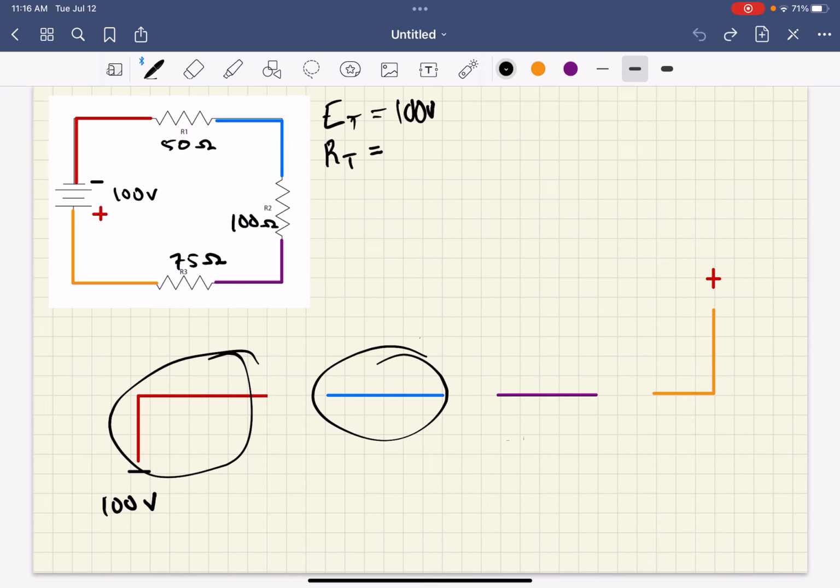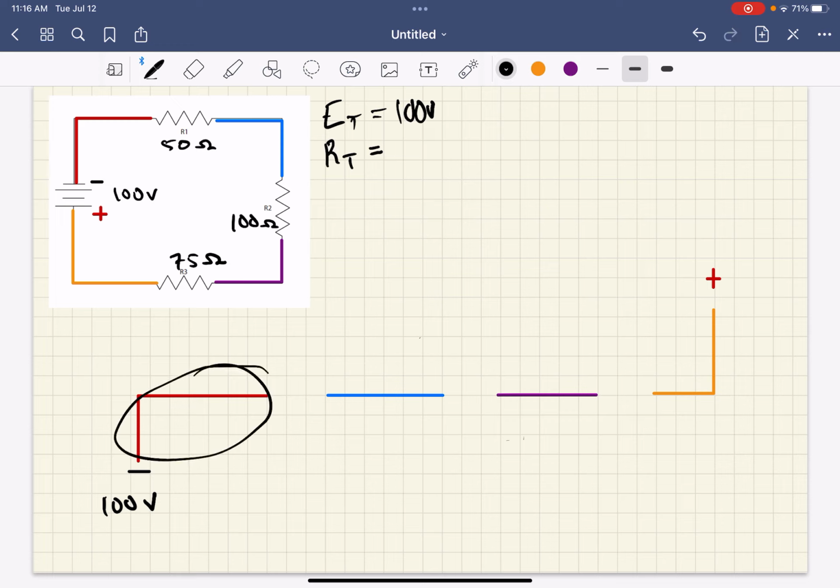We can call them legs of the circuit, or they're kind of analogous to actual conductors in the field. Like I've got my conductor going from the load side of my source to the line side of this load, and then I've got another conductor going from the load side of this resistor to the line side of the next one, and so on and so forth.